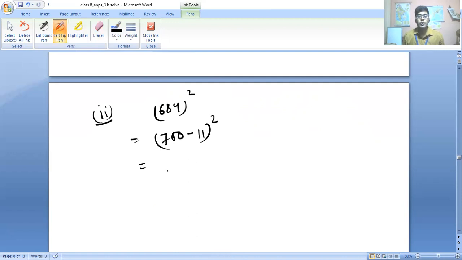Now we have a minus b whole square: a square minus 2 into a into b plus b square.